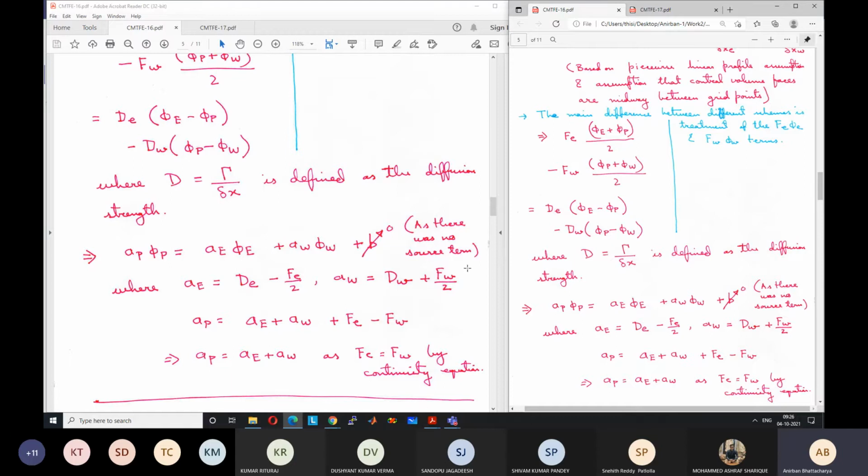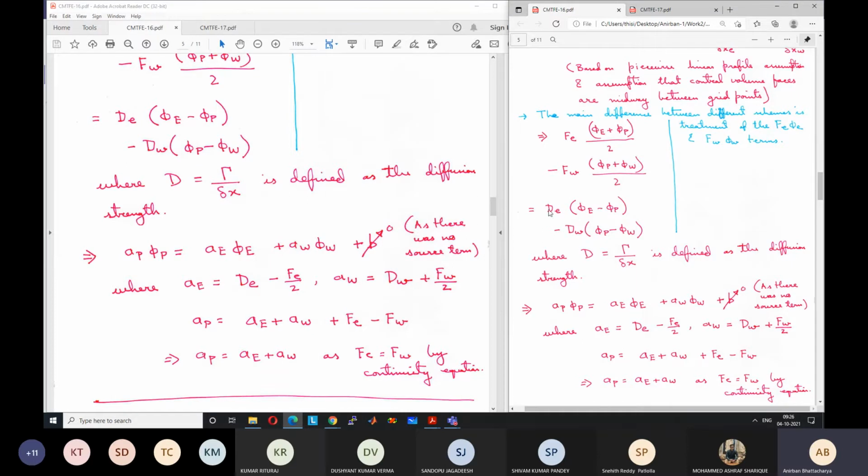What we will do is take all the P terms to the left hand side and bring all the E and W terms to the right hand side. On the left hand side, the overall coefficient of phi P we can denote as AP, like we used to do previously. Similarly, on the right hand side, all the coefficients of phi E we will put together. So what are the coefficients of phi E?